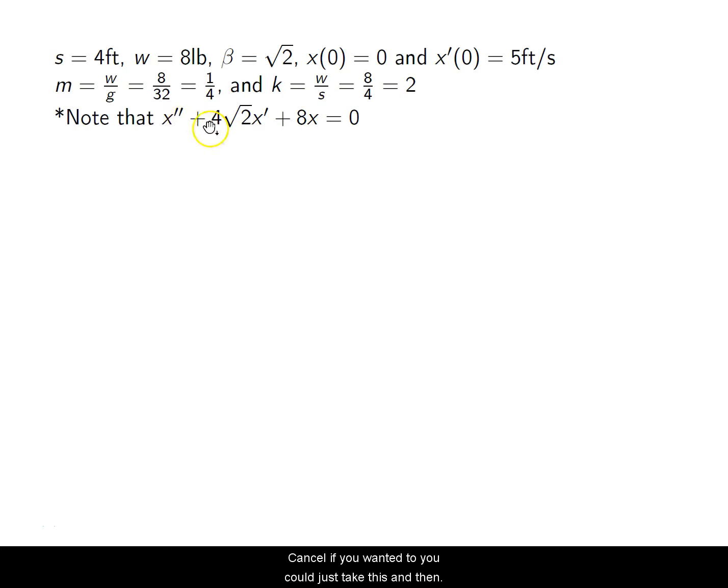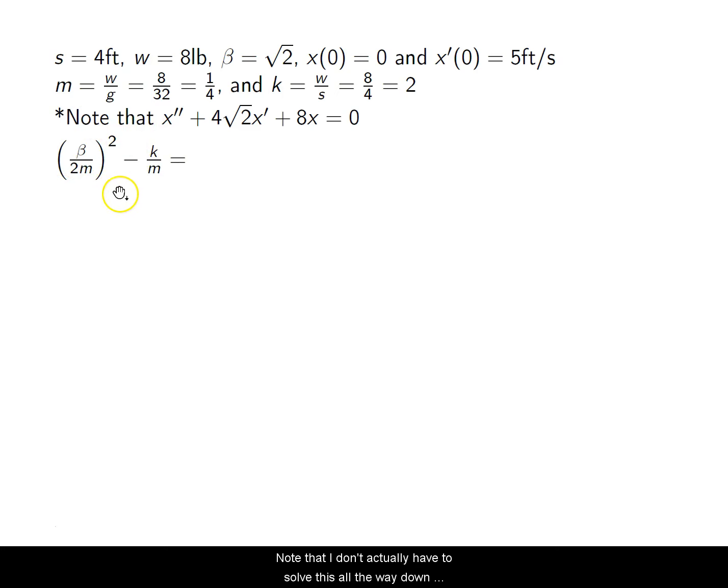If you wanted to, you could just take this and apply your quadratic formula, factor, whatever you want to do, and find your solutions. But we've already done that for pretty much every case. Now that I have M, K, and beta, those three values are the only things I need. Real quick, I might want to check what situation I'm in. Am I case 1, case 2, or case 3? So I'm going to plug it in here.